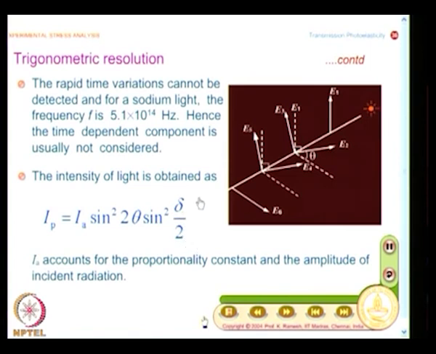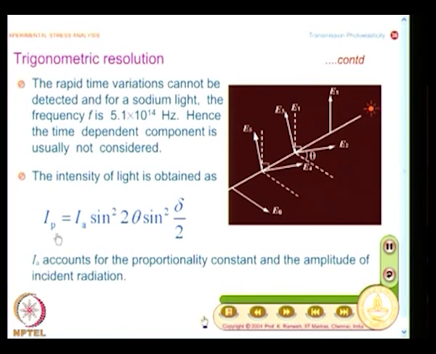So, with very simple mathematics, we have been able to find out the intensity of light transmitted in a plane polariscope when a model is kept loaded. And we have said this intensity is proportional to the square of the amplitude. Whatever we have put as IA accounts for the proportionality constant and the amplitude of the incident radiation.